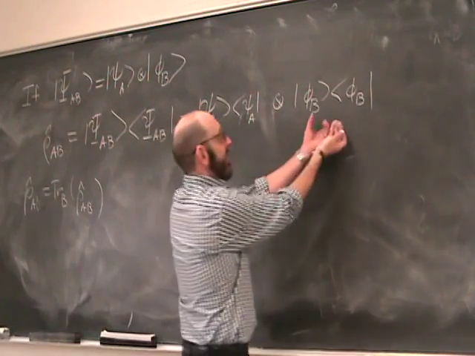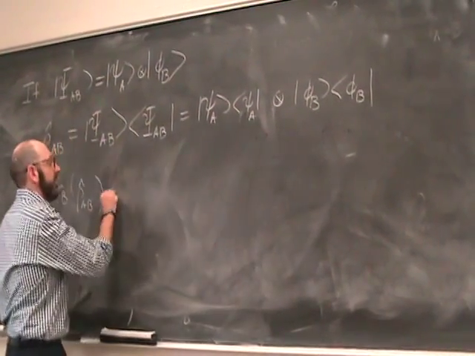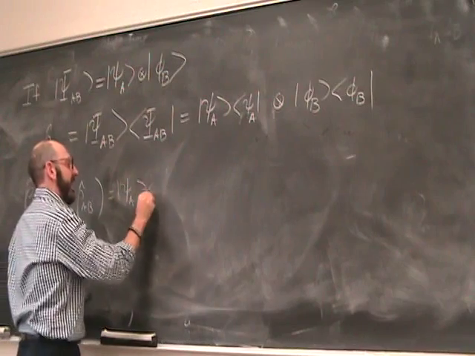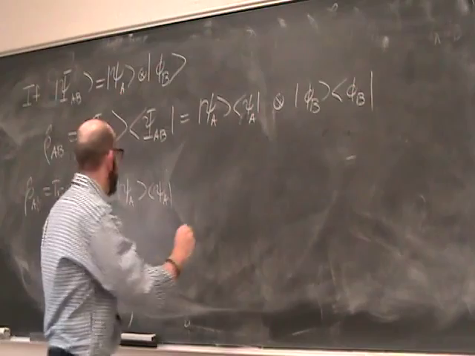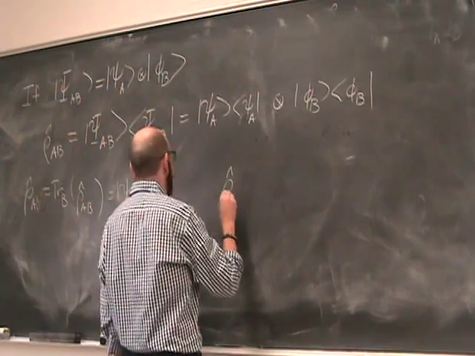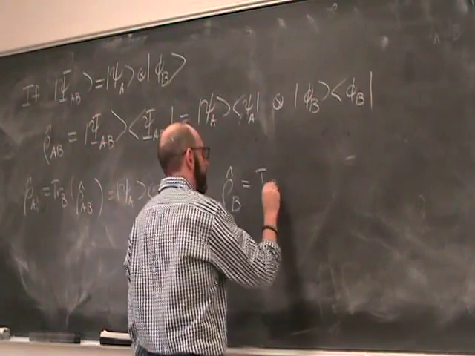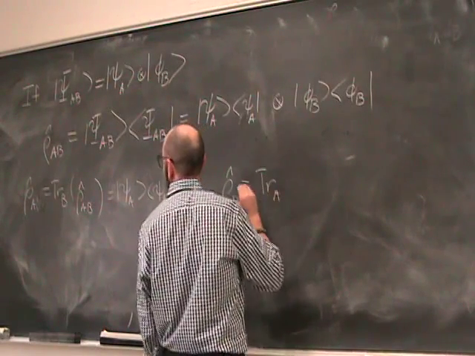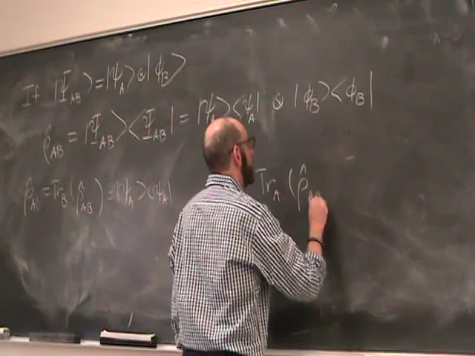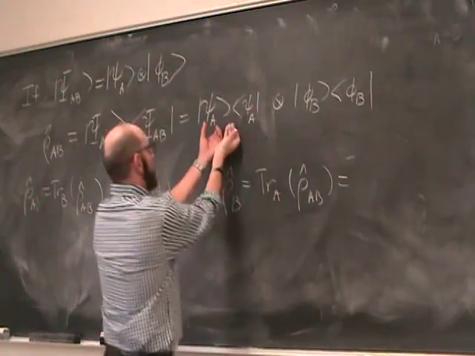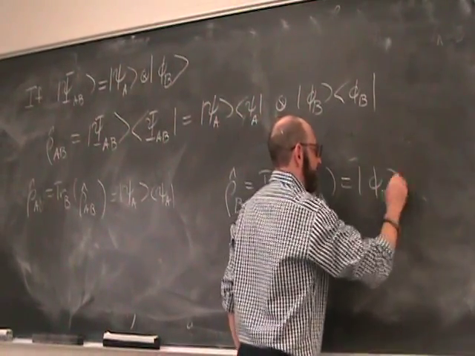Well, tracing over B gives me that, which is the pure state for system A. And similarly, if I trace over system A, I get that.